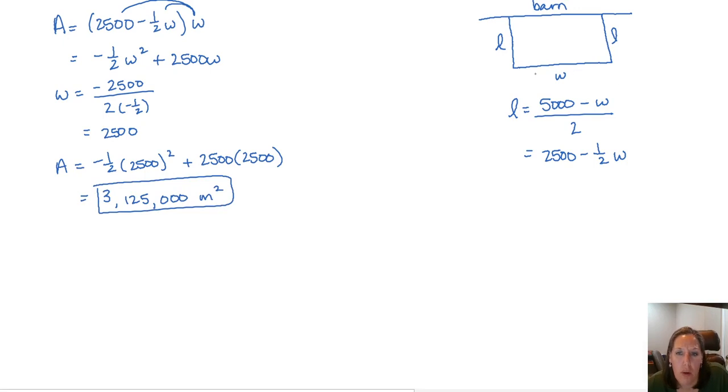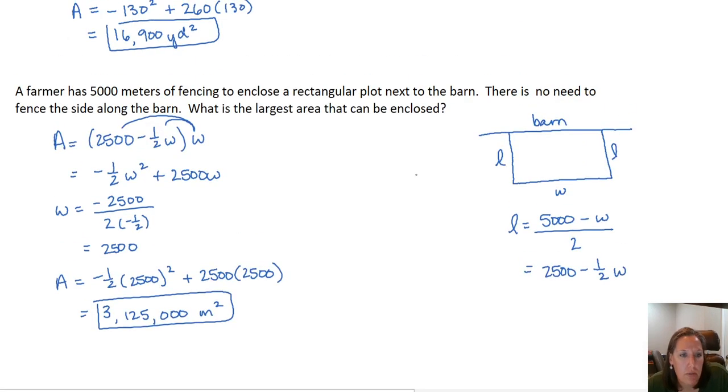So that better be a pretty long barn in order to get that maximum area.